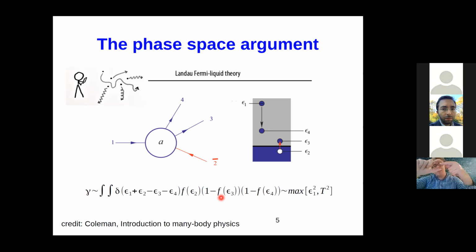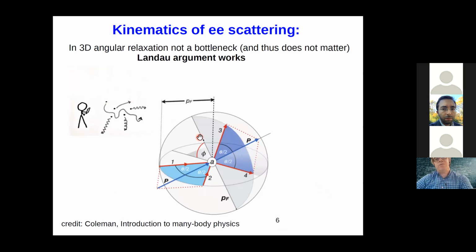Then if you integrate over all the energies that you can pass to the particle-hole pair, from 0 to epsilon 1, you get epsilon squared. At finite temperature, epsilon squared becomes T squared. So that's the explanation for how the phase volume constraint leads to the slow relaxation time near the Fermi level, right?